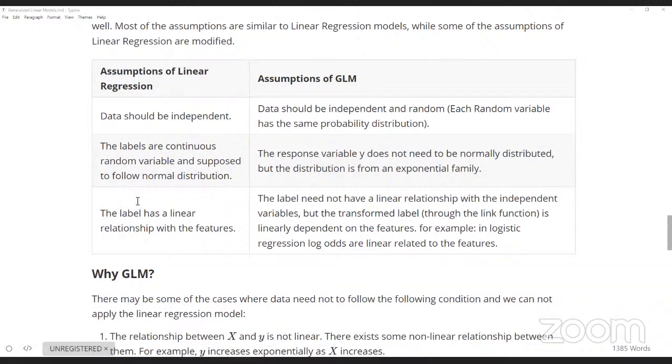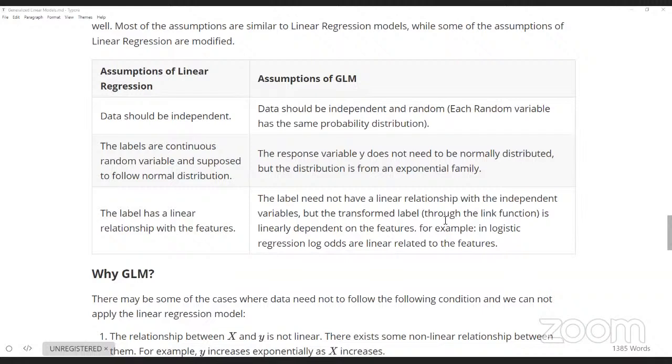The next assumption we make about the linear model is that the labels have a linear relationship with the features. Now we generalize this assumption. The label need not have a linear relationship with the independent variables, but the transformed label does. Suppose in the case of logistic regression, where we have labels 1 and 0, we transform them into log odds.